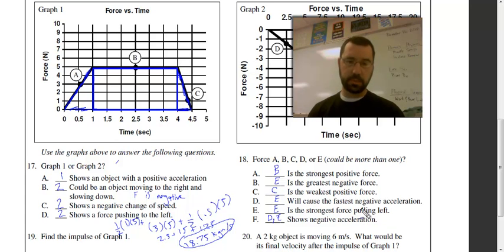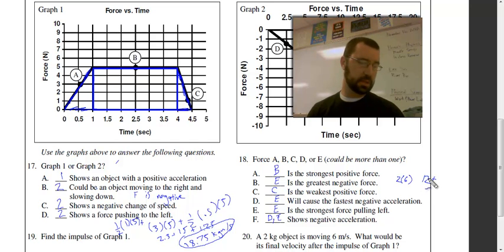Over here, a 2 kilogram object is moving 6 meters per second. What would be the final velocity of it after the impulse of graph 1? So its initial momentum would be 2 times 6, 12.